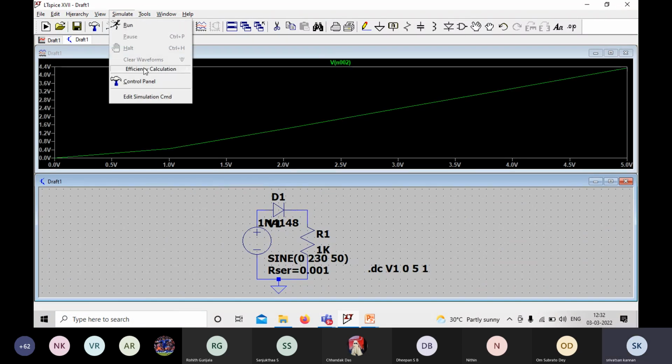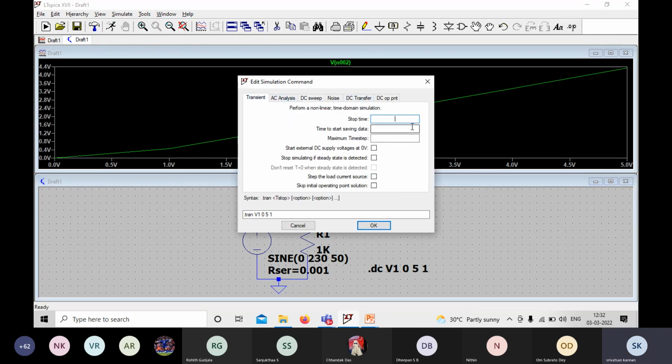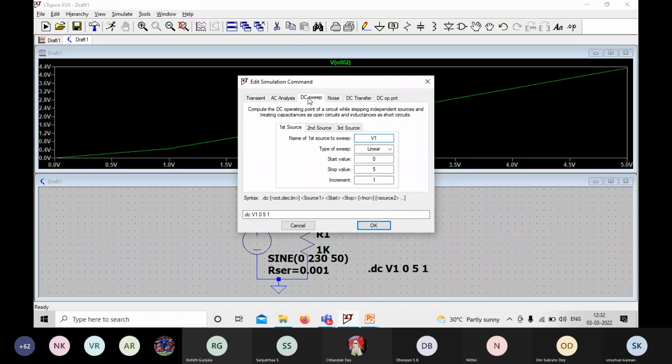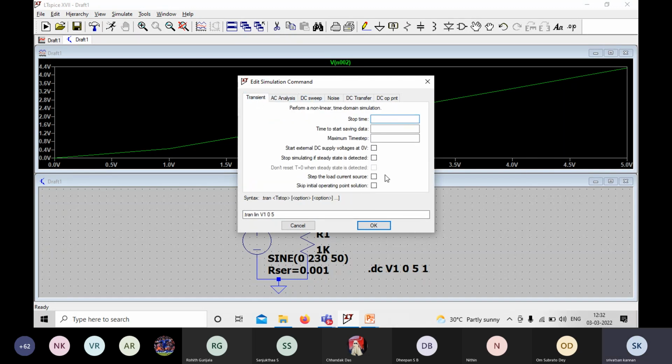So you have to go to edit simulation, transient analysis. Type of sweep is linear. This is AC and transient analysis.